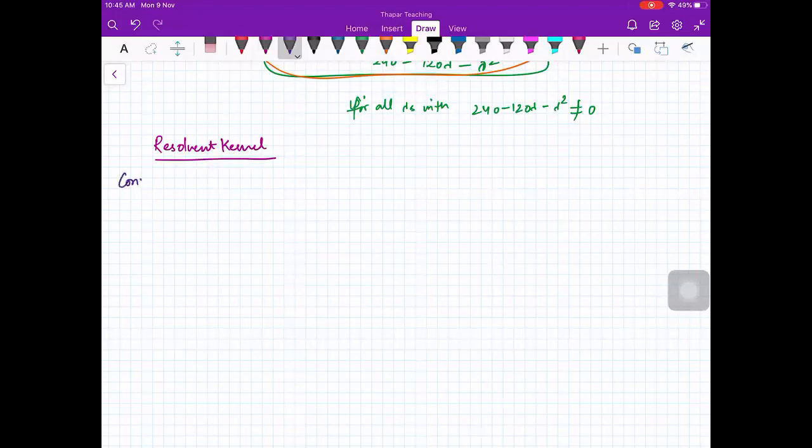So consider this equation: y of x is equal to f of x plus lambda integral from minus 1 to 1 of (xt plus x square t square) y of t dt. Here it is just written f of x, nothing else.